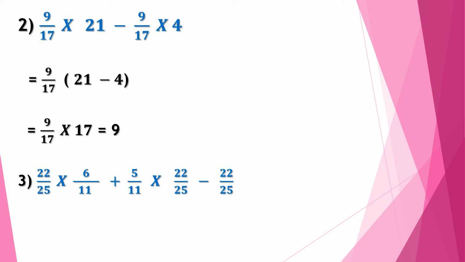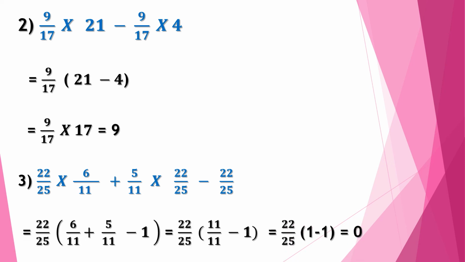We get it as a common factor outside the bracket and write the remainder inside the brackets with their signs. 22 over 25, open the bracket, write 6 over 11 plus 5 over 11 minus 1, which is equal to 22 over 25 times, inside the brackets, 11 over 11 minus 1. 11 over 11 will equal 1, so 1 minus 1 equals 0. 0 times any number will equal 0 also. So the result of this example will be 0.